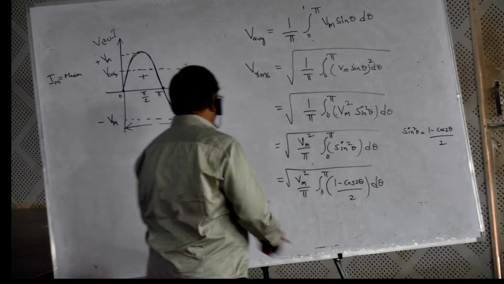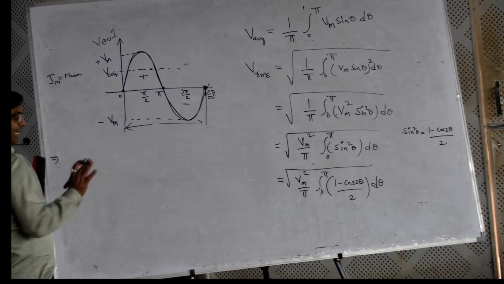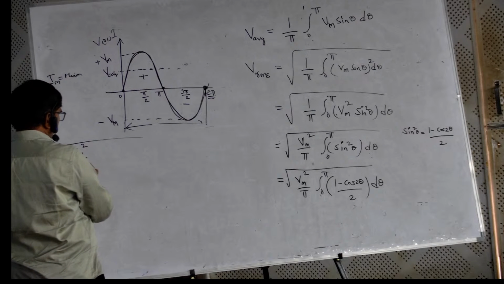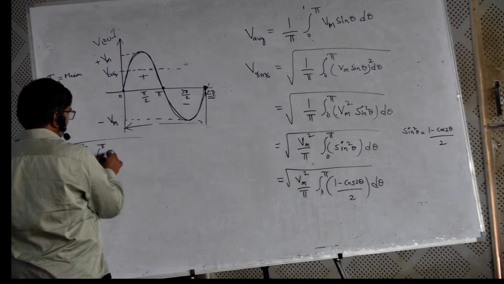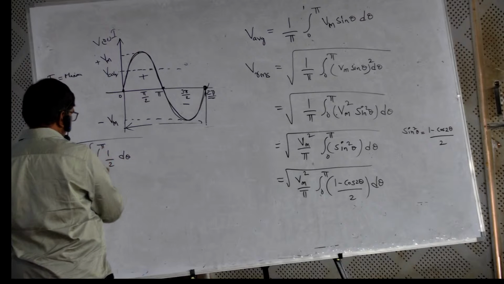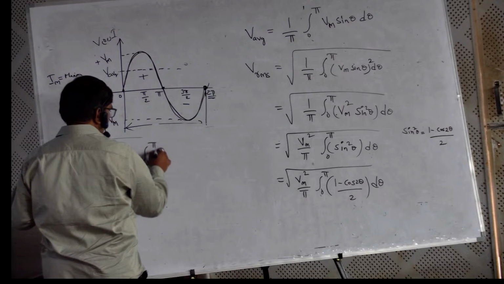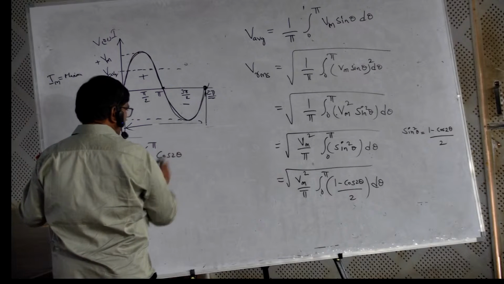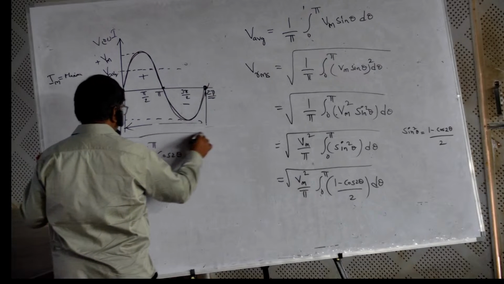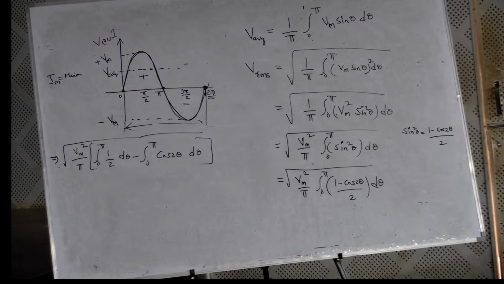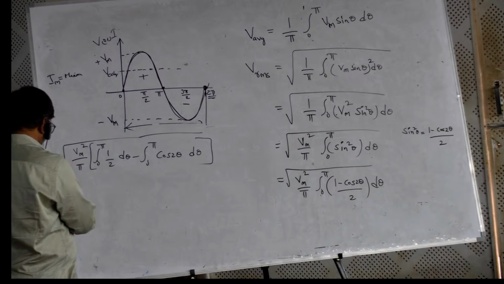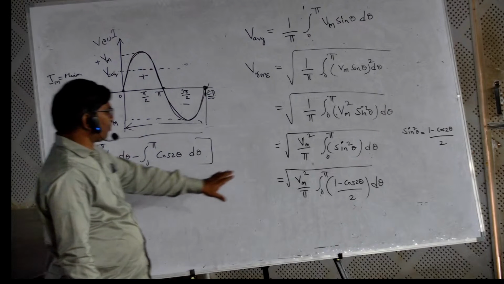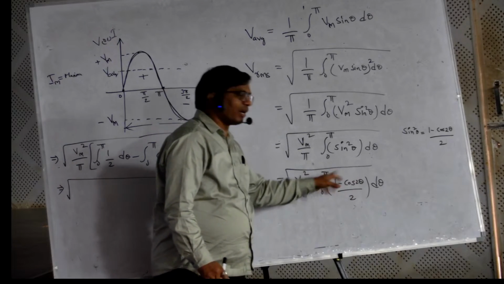I am not applying integration yet, just separating: integral 0 to pi 1 by 2 d theta minus integral 0 to pi cos 2 theta d theta.